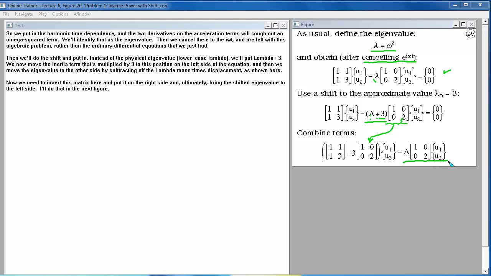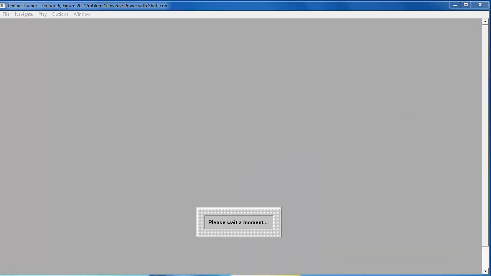Now we need to invert this matrix here and put it on the right side and ultimately bring the shifted eigenvalue to the left side, and I'll do that in the next figure.